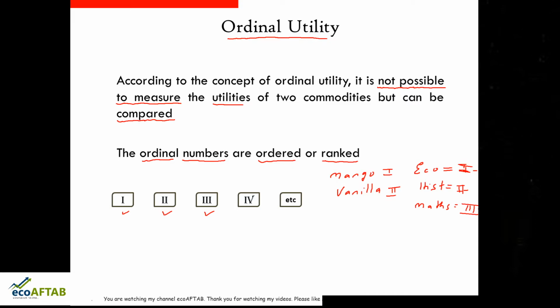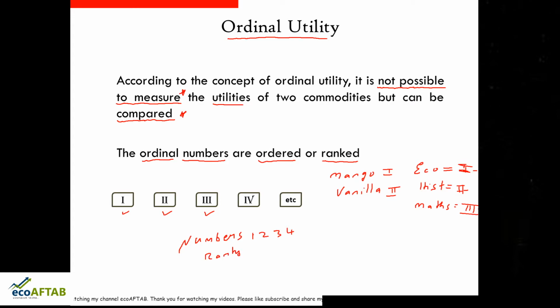Now where do this cardinal utility and ordinal utility things come in? They come in only when we are speaking about measuring utility or comparing utility. Measurement and comparison is possible when we speak about numbers such as 1, 2, 3, 4, whereas when we are speaking about ordinal, we are giving them the ranks.